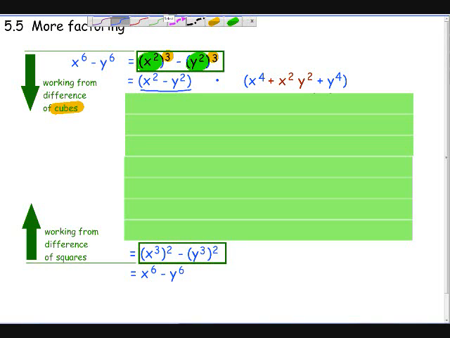Well, suppose we had decided to go this way. What's the difference here? Let me mark it. We're talking here of a difference of squares.